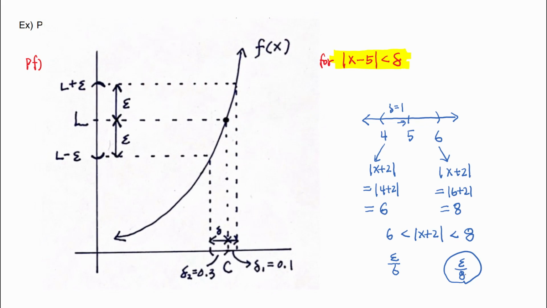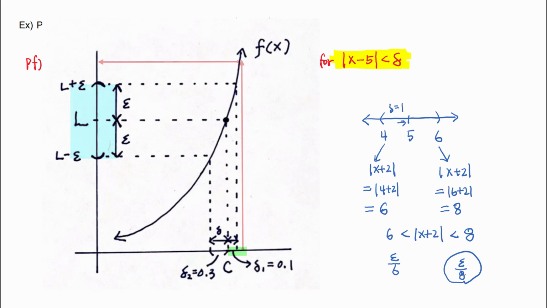So look at this graph right here. Let's just say one of my deltas is 0.1 and another delta is 0.3. If I have a choice like this, and if you choose delta to be the bigger one, let's say 0.3, then guess what? You might choose an x that, when you find f(x), might not be within the epsilon that you wanted.